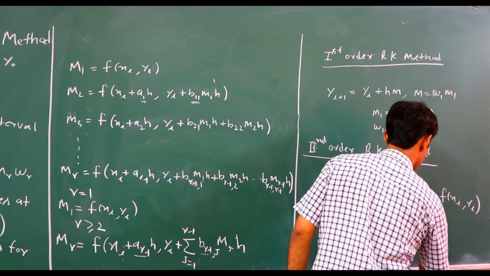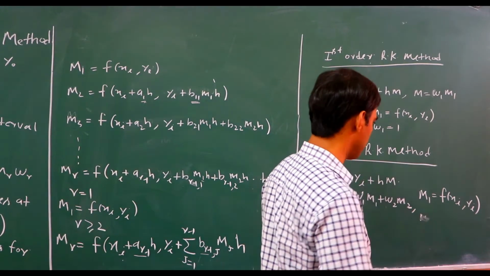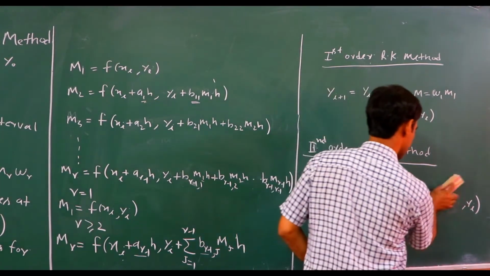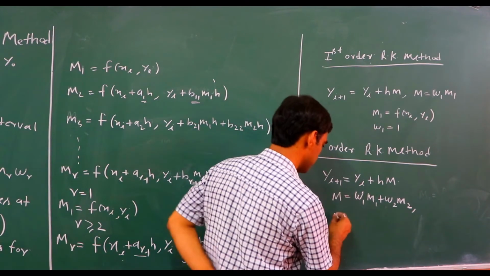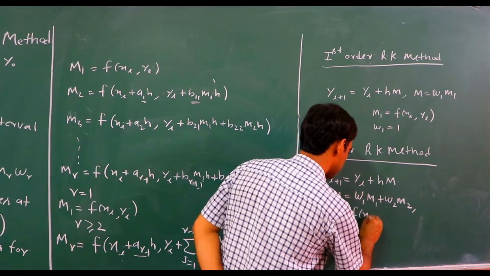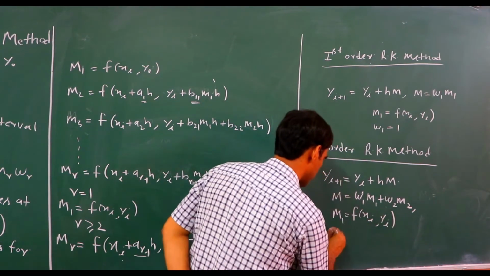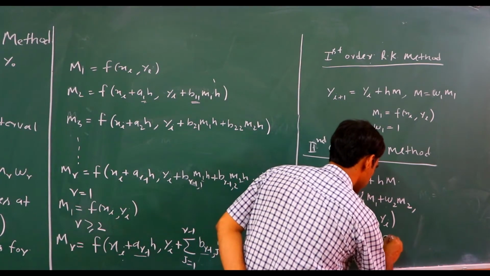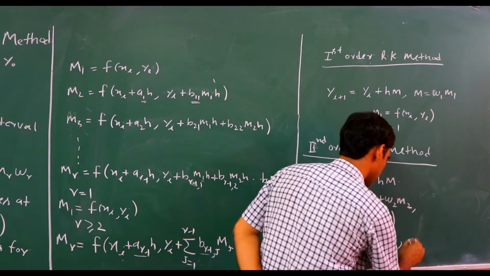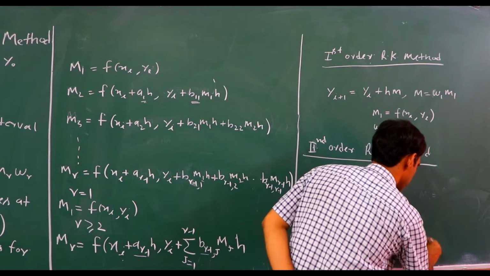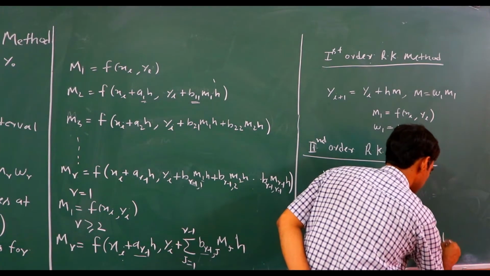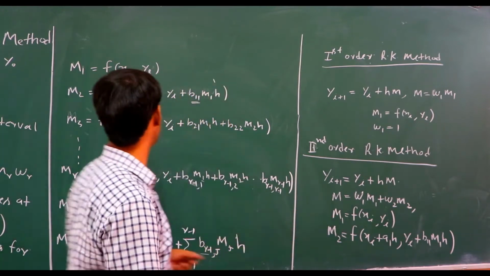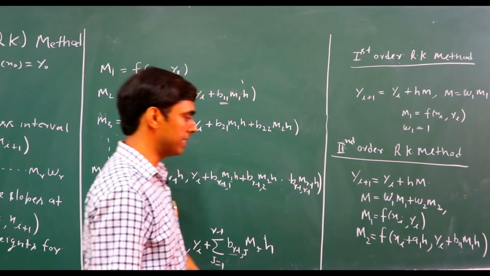M1 equals f of x_i, y_i, and M2 equals f of x_i plus a1 h and y_i plus b11 m1 h. Here we are able to find M1 with the help of dy by dx, because the first order derivative is given.